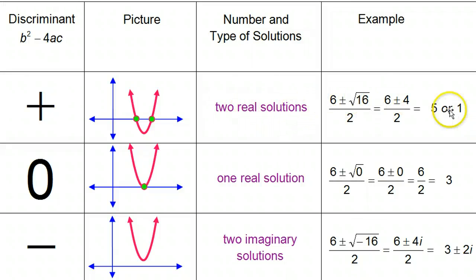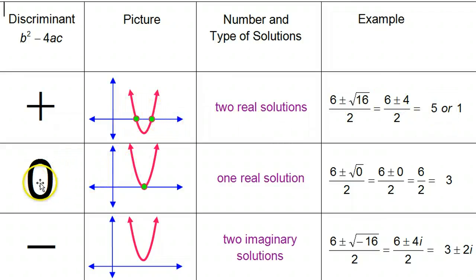The 2 solutions come from adding and subtracting this number, so in this case plus or minus 4. 6 plus 4 is 10, divided by 2 is 5. 6 minus 4 is 2, divided by 2 is 1. So that's how we get 2 solutions, and it would look like this.